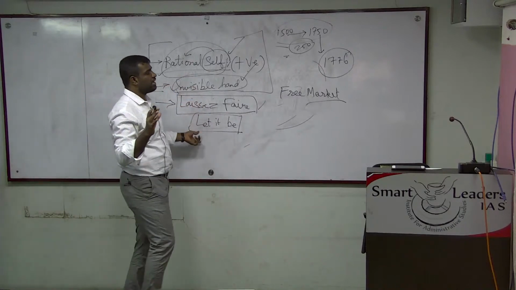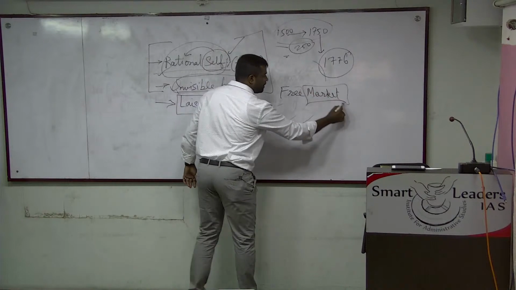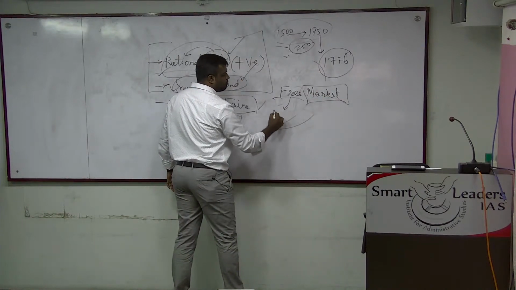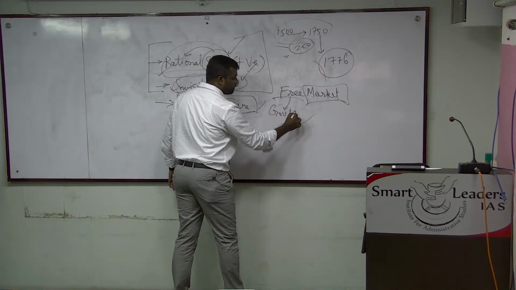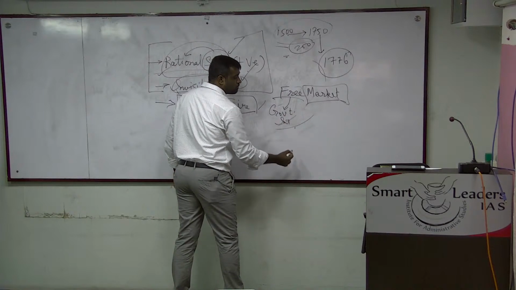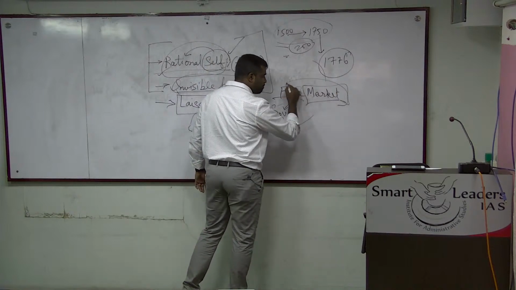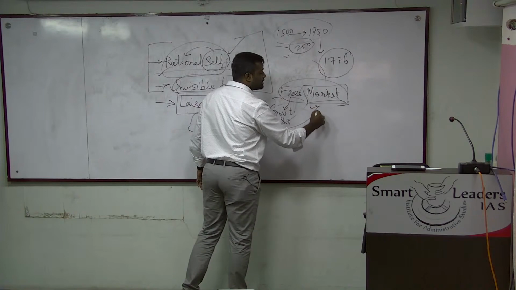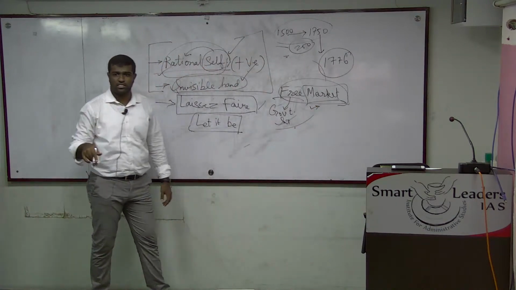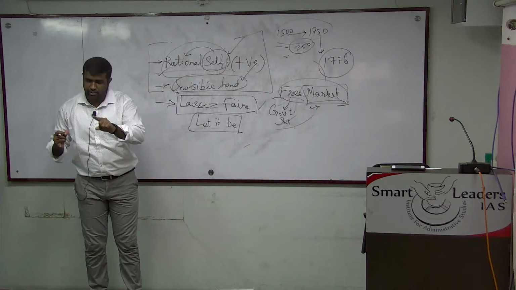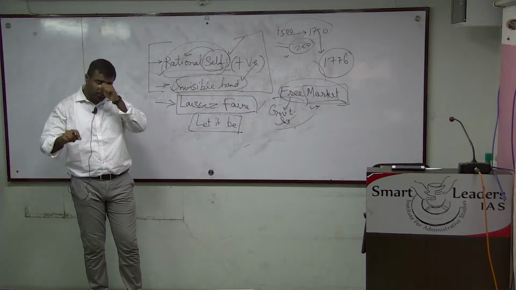They should be completely free. Free from what? Free from government's intervention. So when you allow a free market, this will lead to what? What is this book about? Wealth. This will create wealth for this nation.